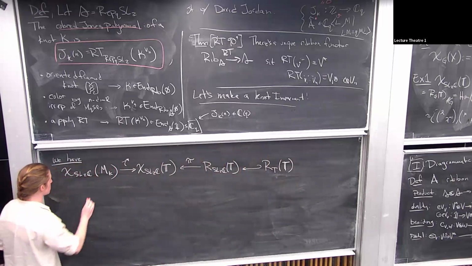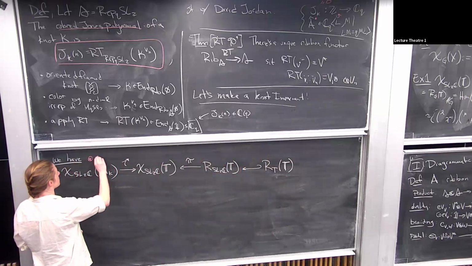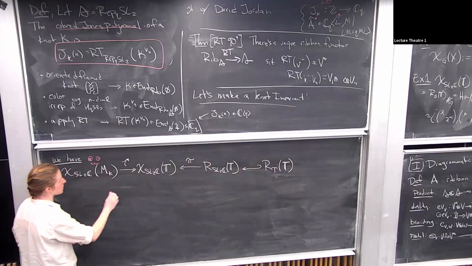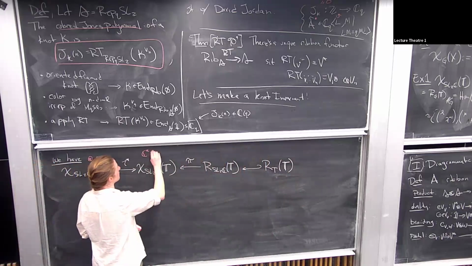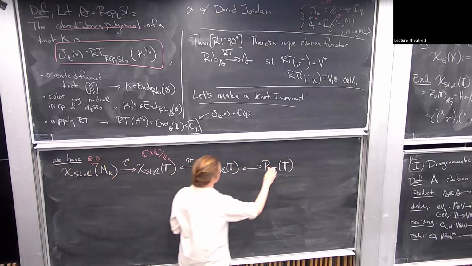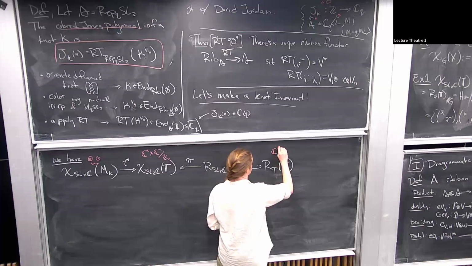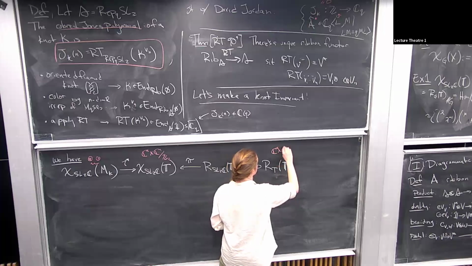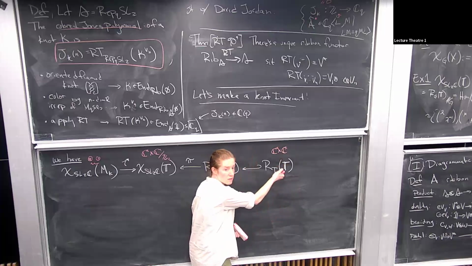Just to recall, this thing is pretty complicated. This one is C star cross C star mod C2. And by the time I am here, I just have C star cross C star. My goal will be to build my knot invariant in here.